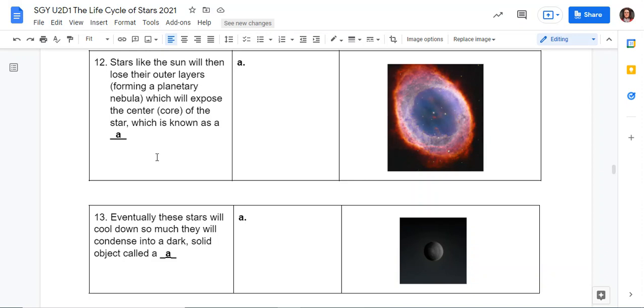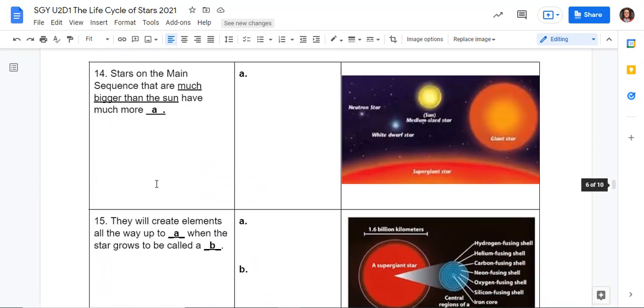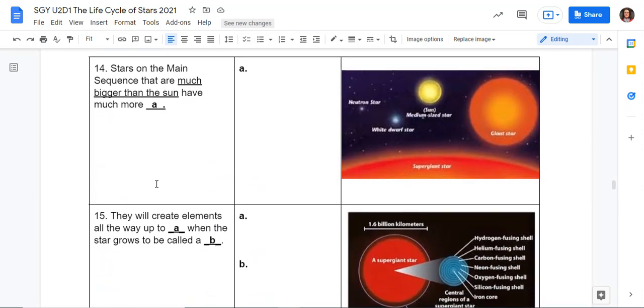What's left is the core, and it's called a white dwarf. Eventually, these stars will cool down so much they will condense into a dark solid object called a black dwarf once they completely cool.